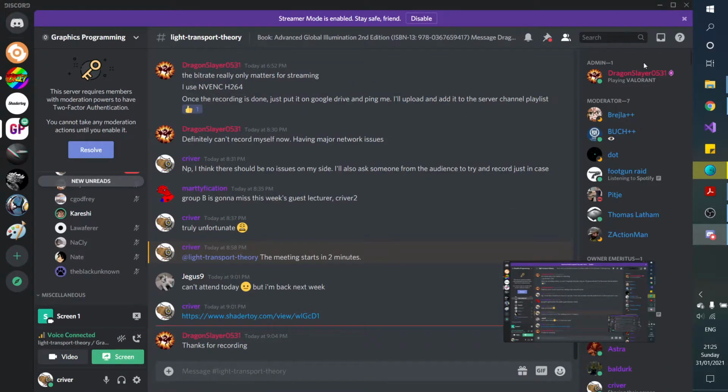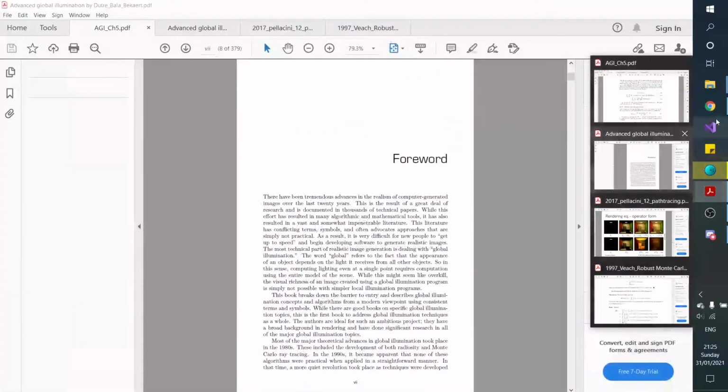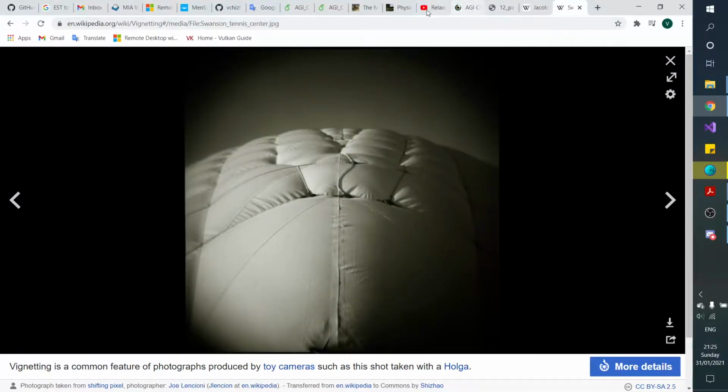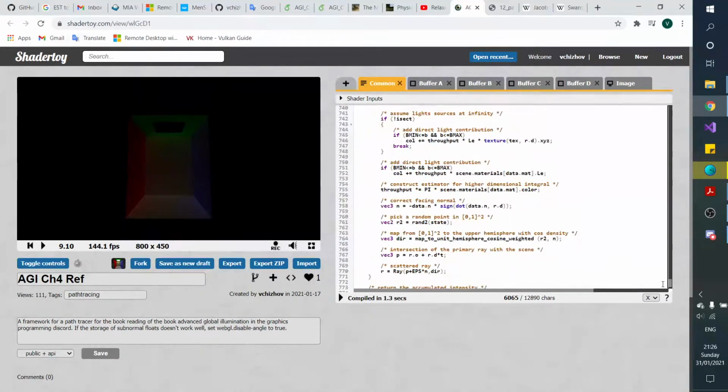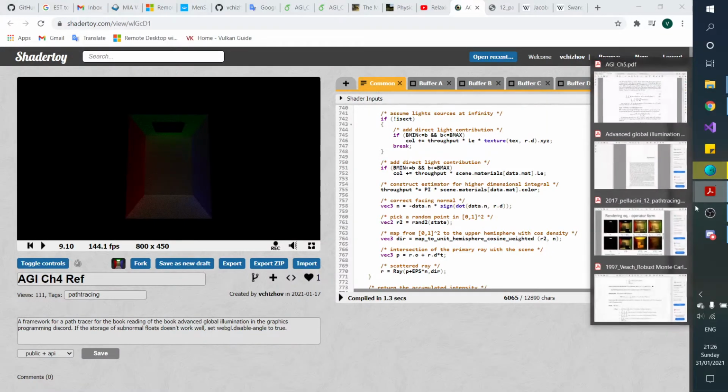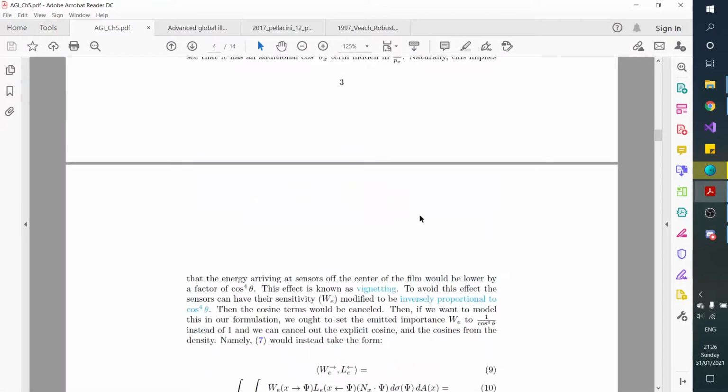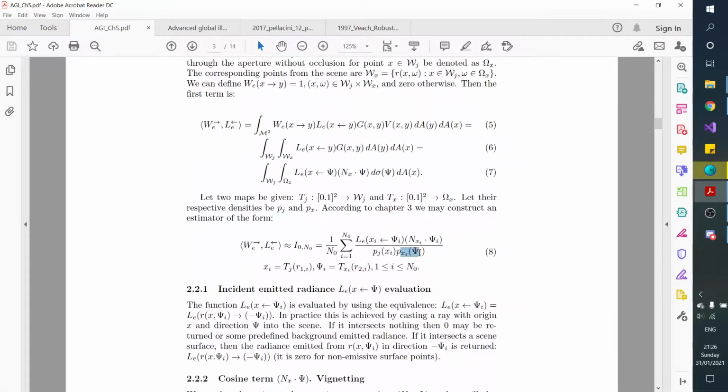Yes, I have one actually. In your shader example, are you actually accounting for the vignetting effect? Yes. So here's the trick. If you do not add any terms, if you pretend that the probability density function here and this here do not exist, so if you don't add them, it's like you set WE to 1 over cosine to the power of 4.